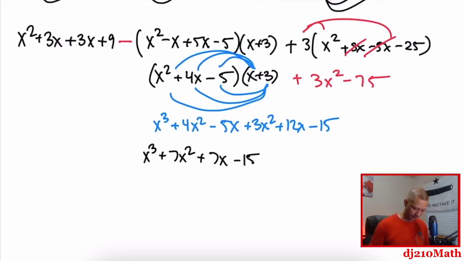So let's see, what do we have? We can't forget about this negative in the middle that's going to have to distribute. So let's bring everything down.